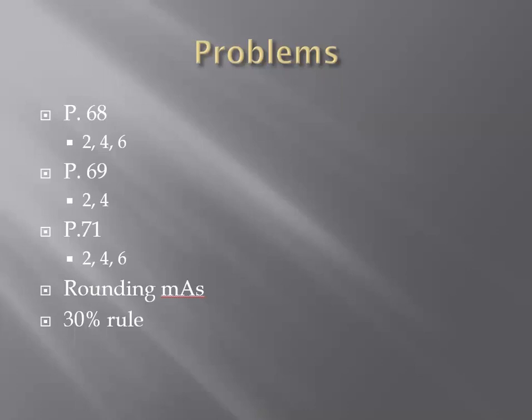So if we look at number 4, we have an original distance of 30 inches with 75 mass, and the new distance is now 44 inches, and we don't know what our mass is. So we're going to set that up in the same way. It's going to be 35 over x is equal to 30 over 44, and square the whole second half of that.